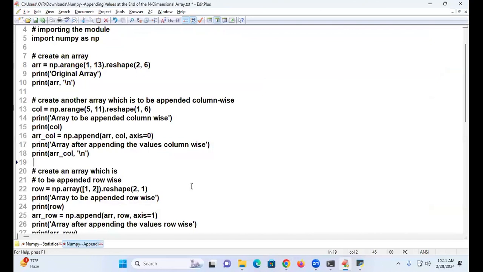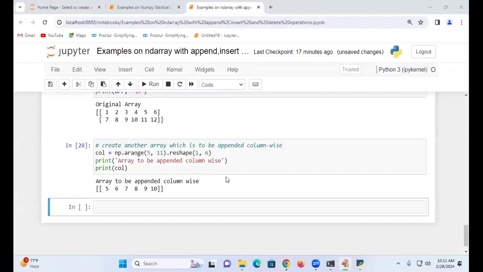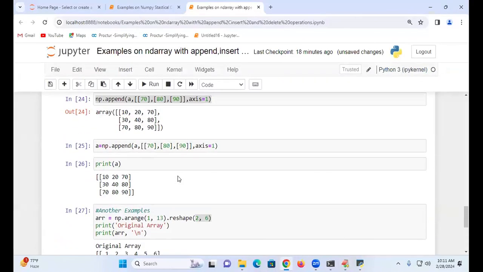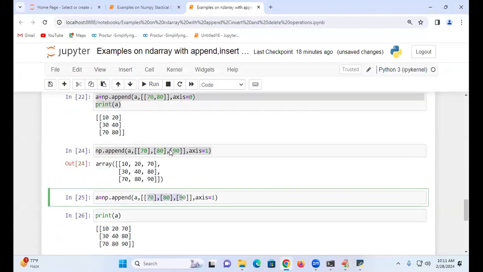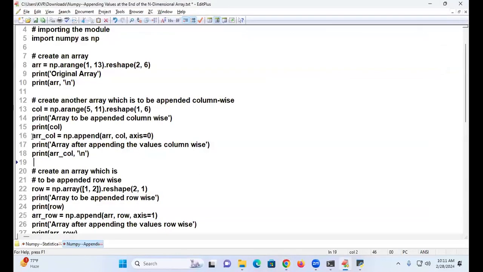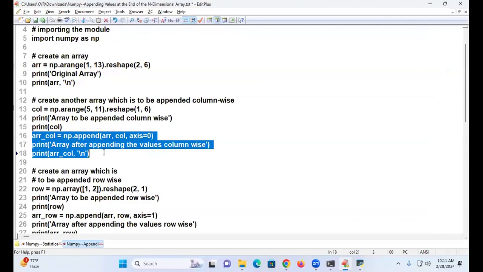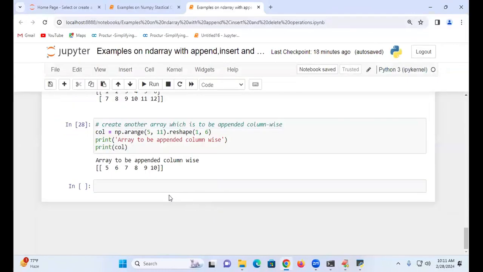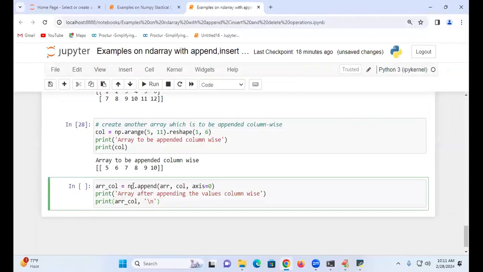What I'm taking now? np.append of ARR comma COL. COL is nothing but a collection of values, or not? Same like this only. We are passing values directly. Here they are taking it in the form of a range object. So this part I will carry forward. So np.append of, what is my ARR?